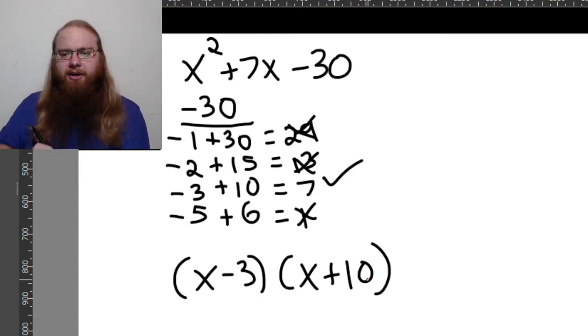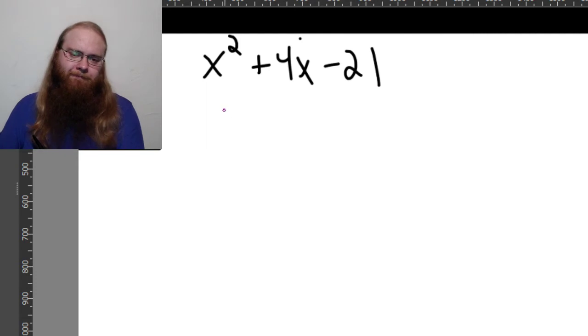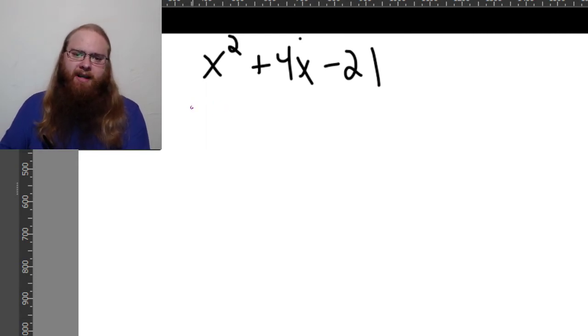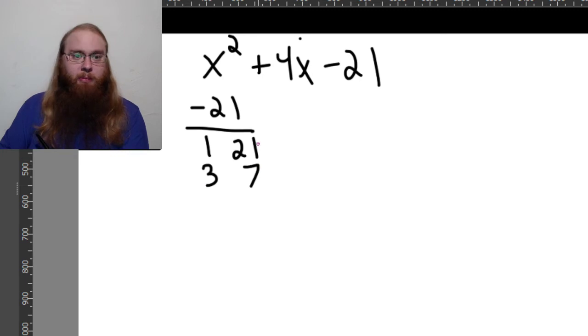So let's go and try another one of these. Let's go ahead and do the problem x squared plus 4x minus 21. So we're going to again factor negative 21, giving us 1 and 21 and 3 and 7. Not too many of them.